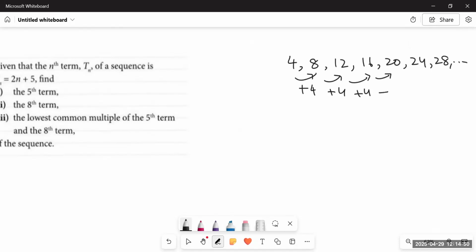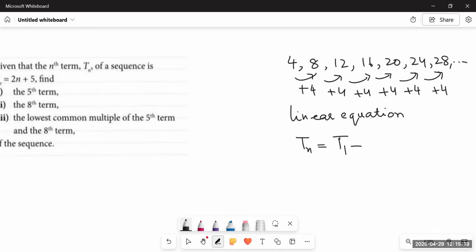So if there is a common number getting added every time or getting subtracted every time, we can say that this sequence is called a linear sequence. And for such types of sequences, where there is a common difference between each two terms, we can generate a formula using Tn is equal to T1 plus (n minus 1)d, where Tn means any term.